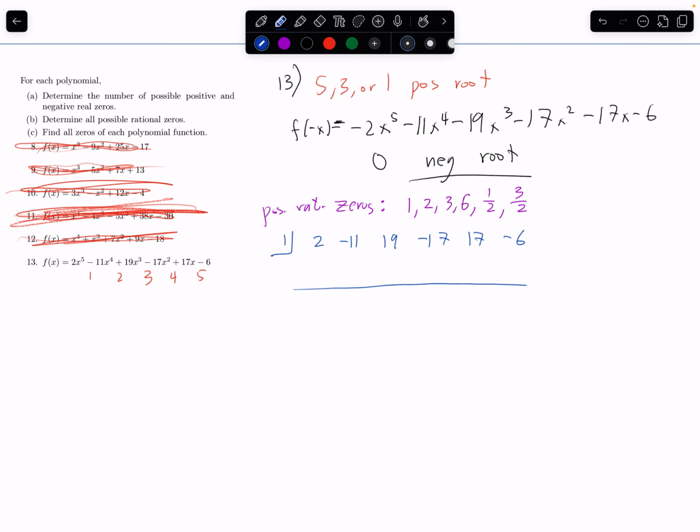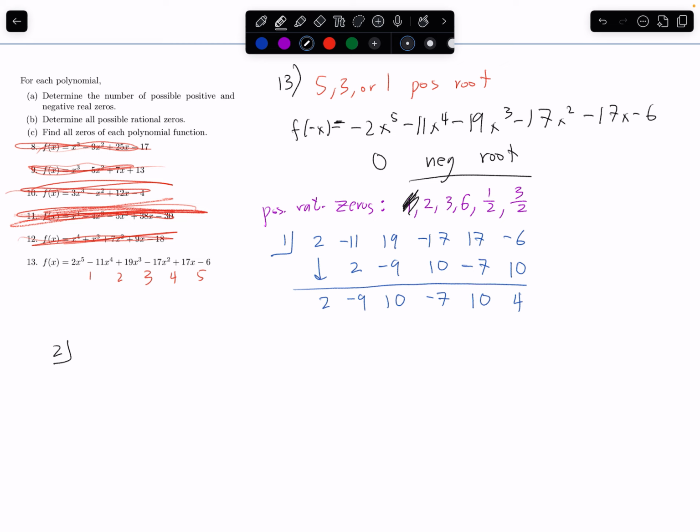Do the usual. 2 comes down. 2 times 1 is 2, plus negative 11 is negative 9, times 1 is negative 9, plus 19 is 10, times 1 is 10, plus negative 17 is negative 7, times 1 is negative 7, plus 17 is 10, times 1 is 10, plus negative 6 is 4. So no luck there, but at least we knocked out one of the possibilities.